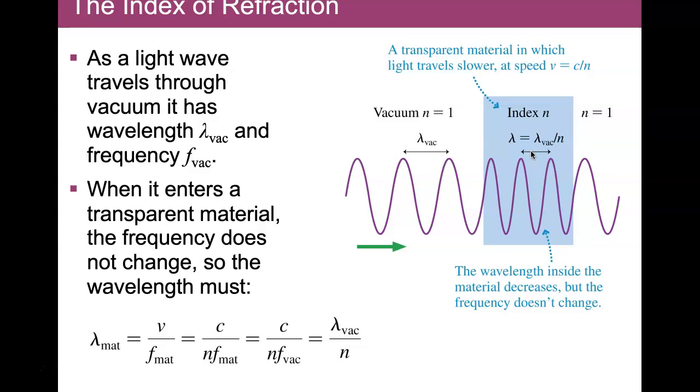The frequency is a function of the source. And in a very similar way, where we had to have matching displacements at the point of contact between two ropes with different densities, here again at the interface between vacuum and glass, the electric and magnetic fields must match up.